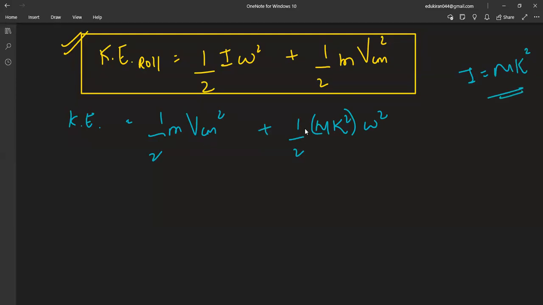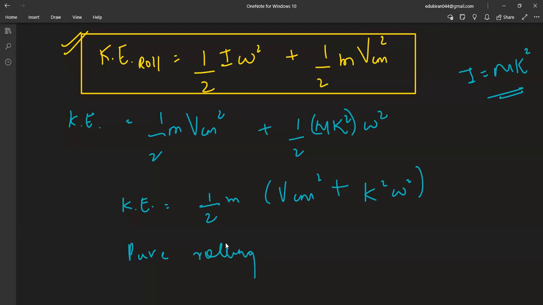Let's do one thing. Mass and half we can take out. So kinetic energy will be half into mass times VCM square plus k square omega square. Now, if it's the case of pure rolling, then what we have studied right now, velocity of center of mass is equal to r omega.